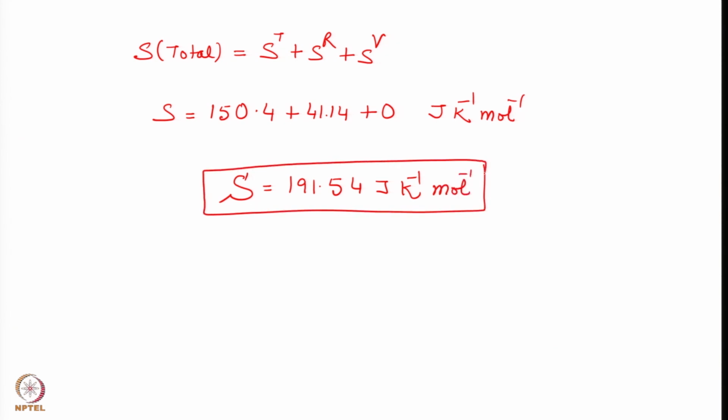Quite a lengthy numerical problem, but at least it discusses how the different contributions must enter when you evaluate the overall thermodynamic quantity. Here we have shown it for the case of entropy.